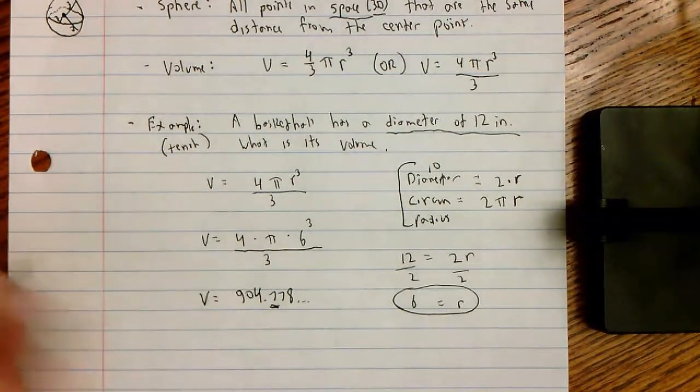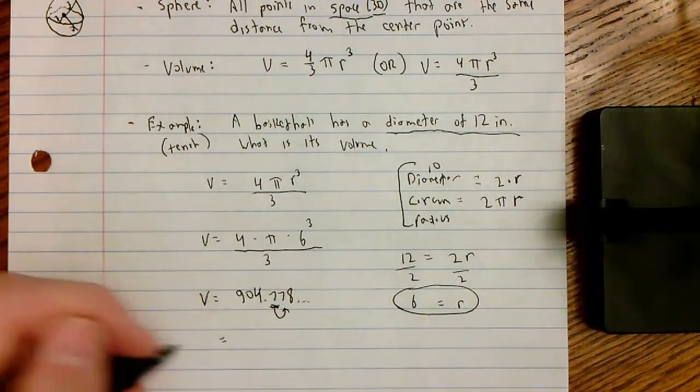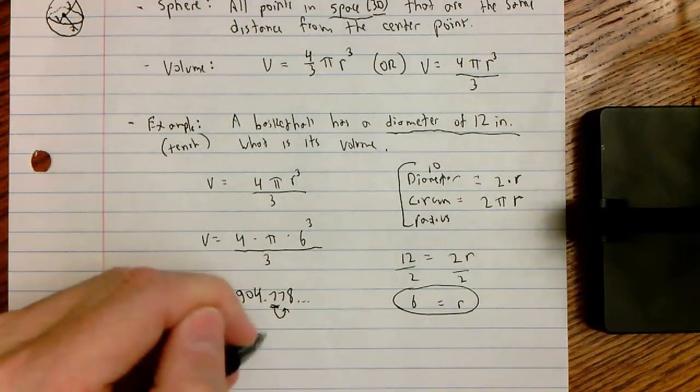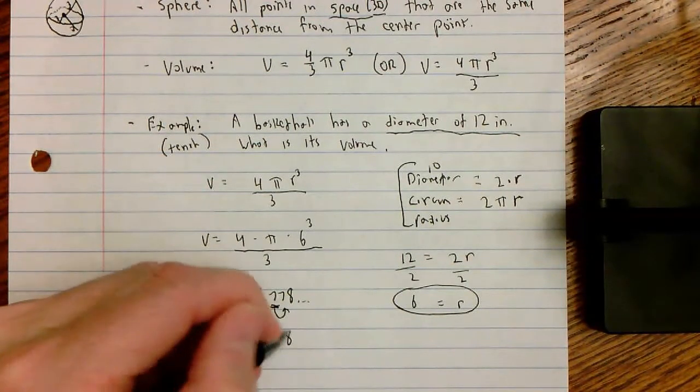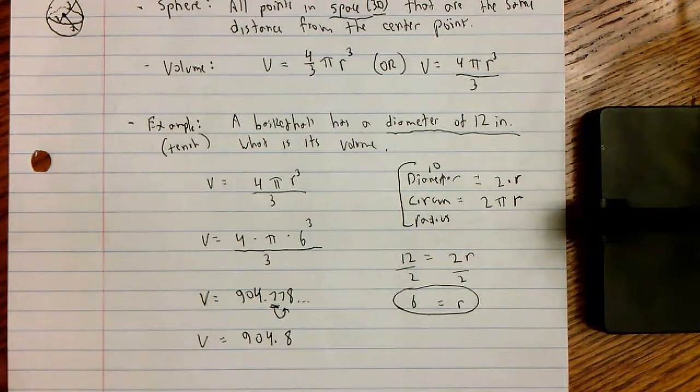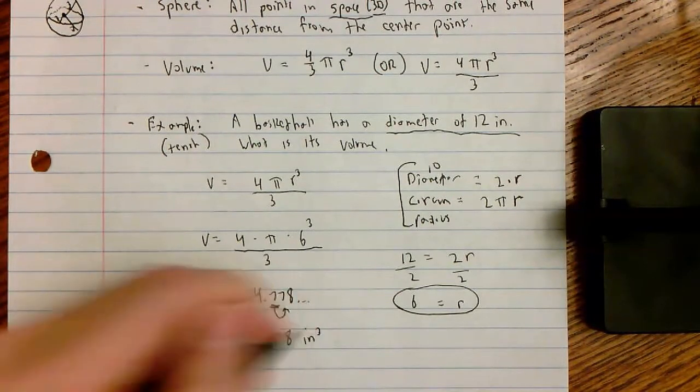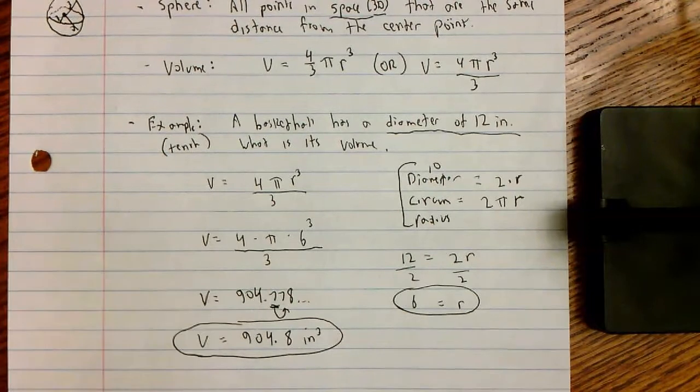So remember, when you do that, you look at the next decimal, and that tells you what to do. My volume would be 904 point, and instead of 7, the next 7 makes me round it up to an 8. And this is in inches, cubic inches. My volume would be 904.8 cubic inches.